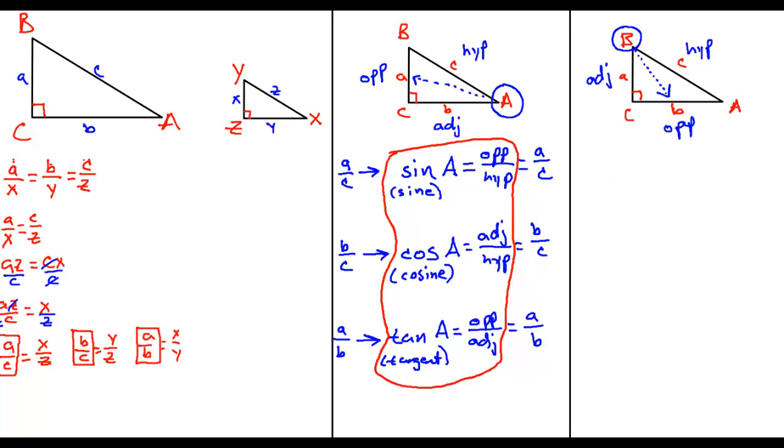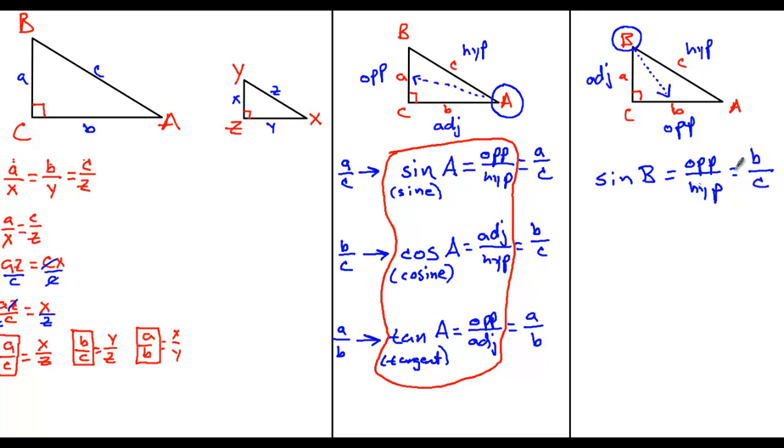So now we're going to figure out what the sine of angle B equals. And you know that sine is opposite over hypotenuse. So the opposite of angle B is side B. The hypotenuse didn't change, if you notice. The only thing that changes is the adjacents and the opposites. The hypotenuse is always the hypotenuse.